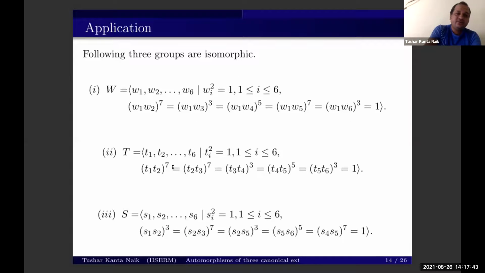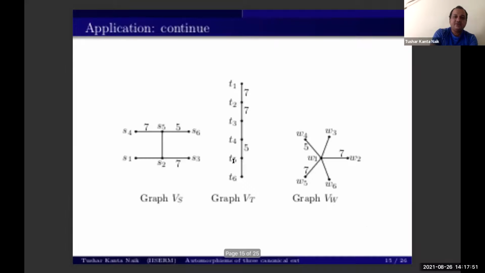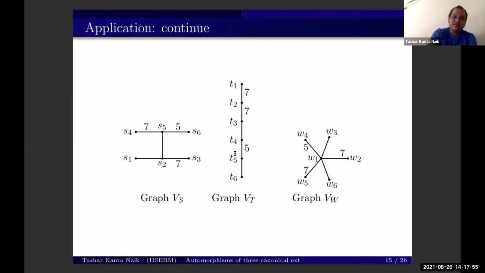So here we have three groups. From this presentation, we can see that these three groups look very different. And in particular, if you see their graphs, these three graphs also look very different.